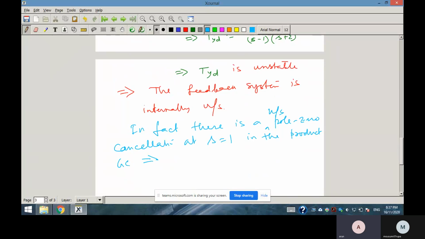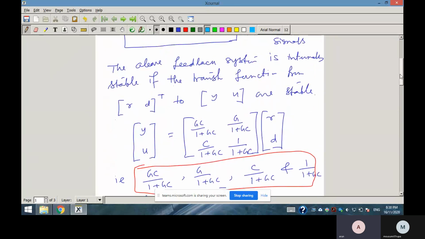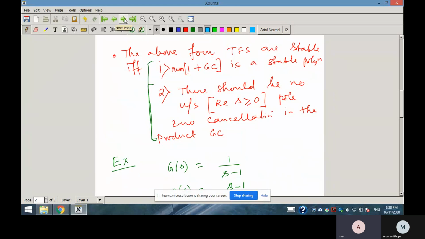This makes the feedback system internally unstable. Okay, so this is a very important result, internal stability.